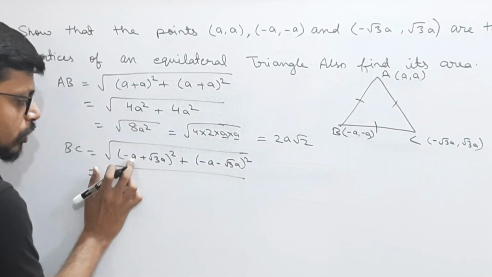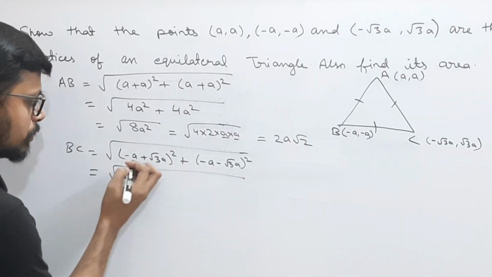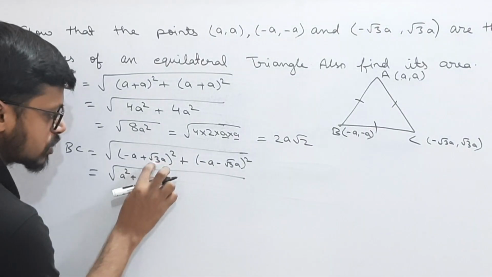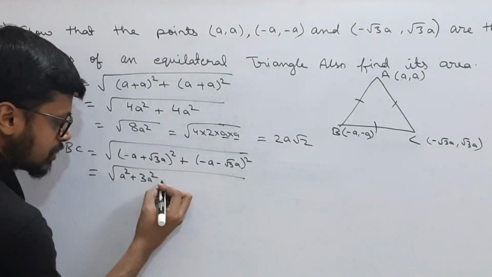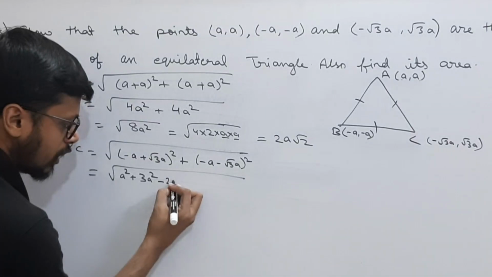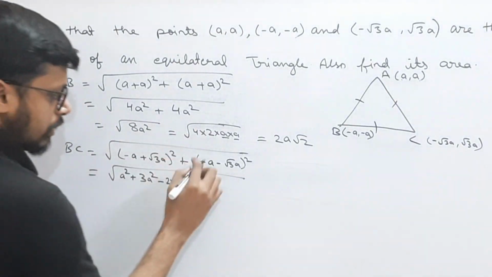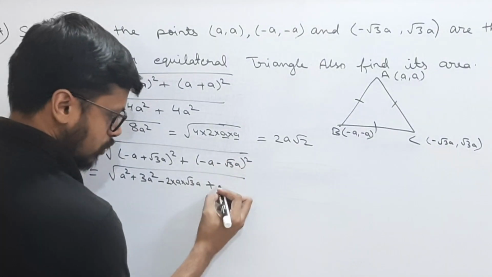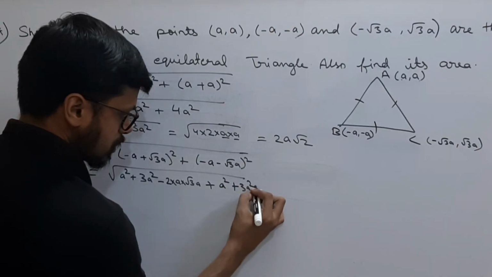See what we are going to do: the formula (a plus b) whole square, a square plus b square plus 2ab, we will apply. So the first one will become a square plus 3a square, minus twice of a into root 3a. Then here the same thing, a square plus b square plus 2ab.